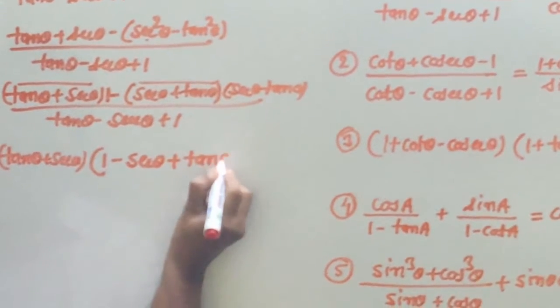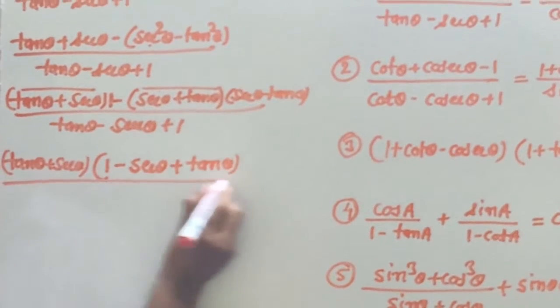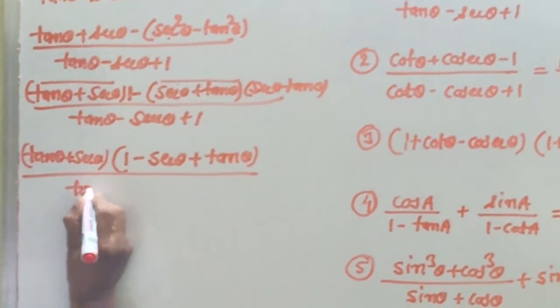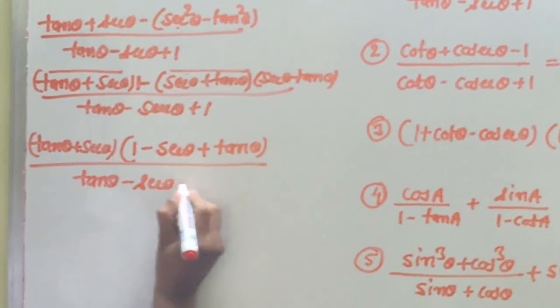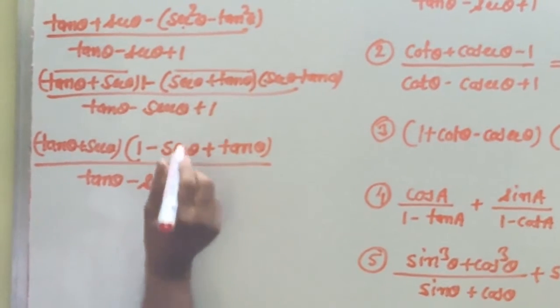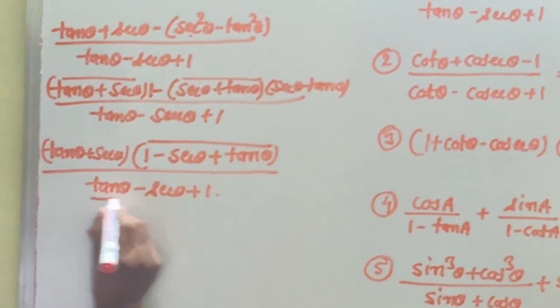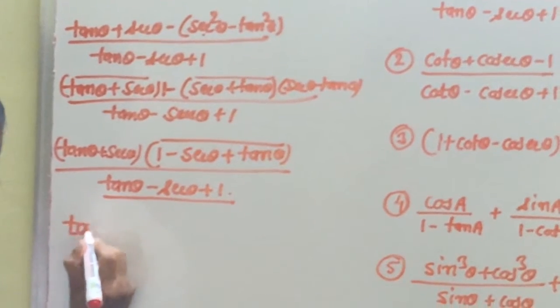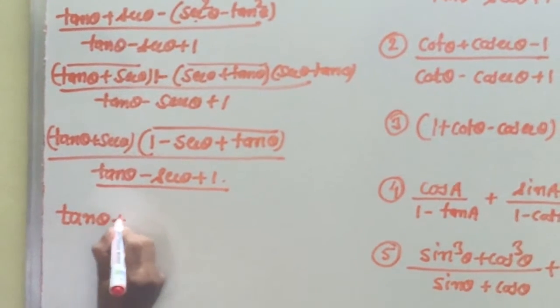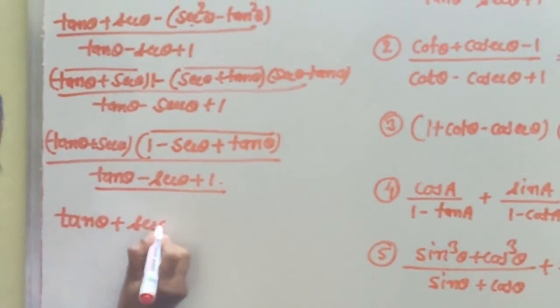Now I can write down the denominator here so that you can observe the numerator of this term and this term are equal. So I can cancel this term. So what will come here? Tan theta plus sec theta is given.